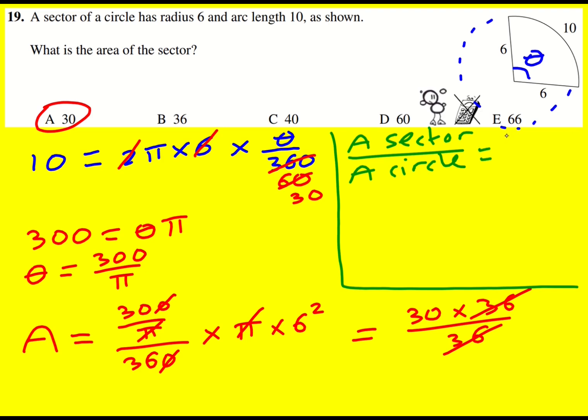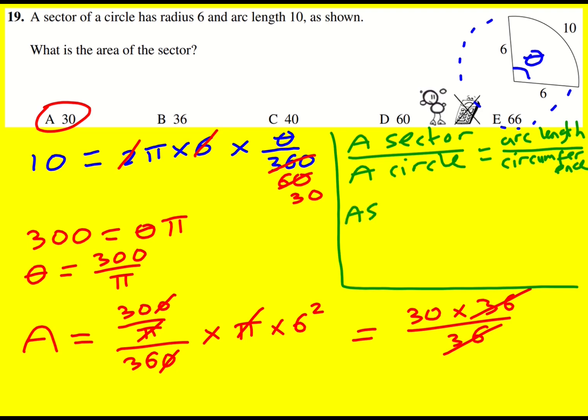But that must equal the arc length, that's how much I have of the circle as a perimeter, divided by the perimeter of the circle, so the circumference. So we can write that equation down.